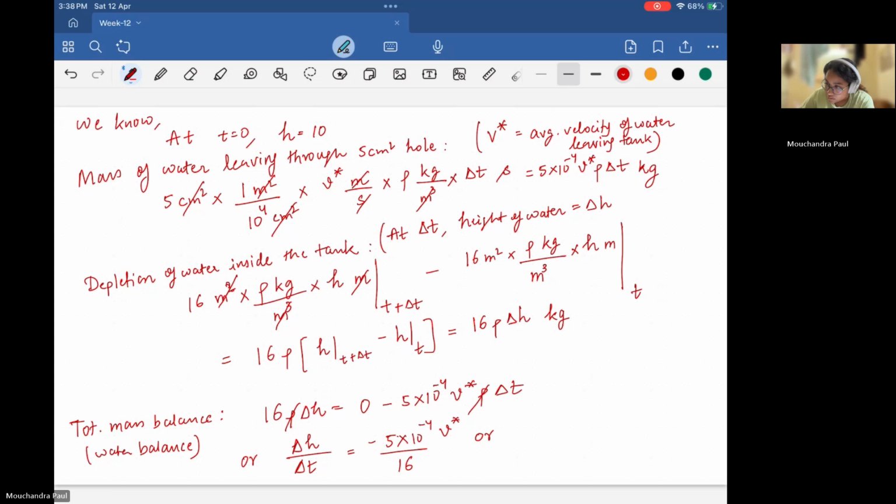So dH by dt is equal to minus 5 into 10 to the power minus 4 V star by 16.